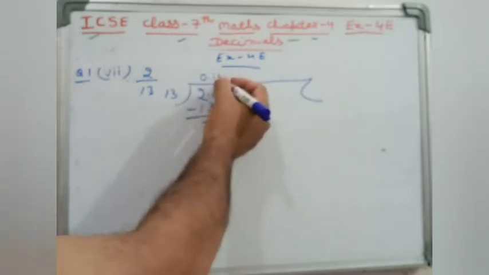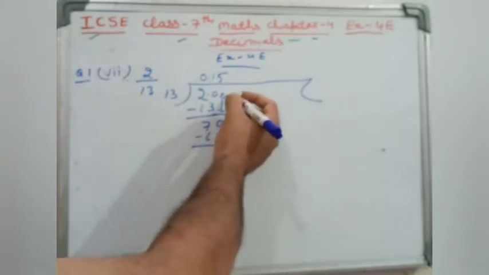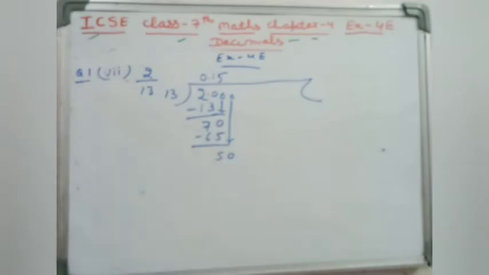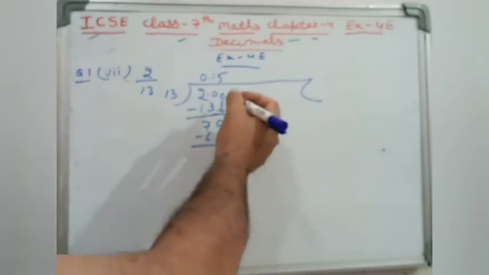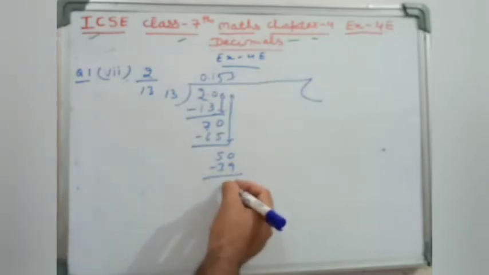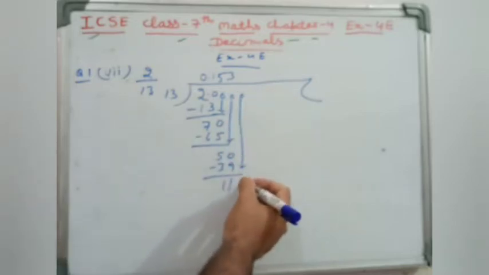13 5s are 65, minus, 5 remains. Again smaller, make it bigger by putting 0. 13 4s are 52, 13 3s are 39, minus, 11 remains. Again make it bigger by 0.